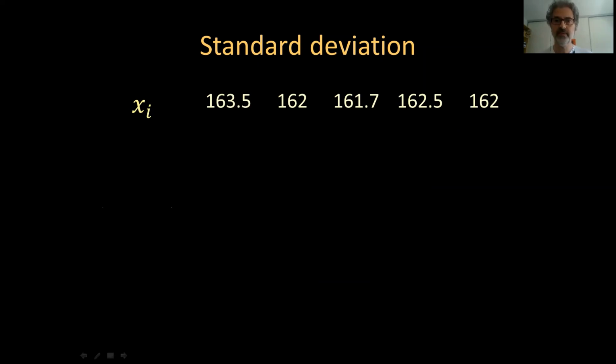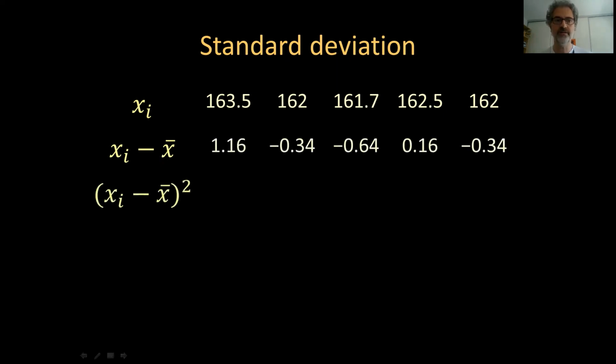The first step is to calculate the deviation. That is the distance from the mean. So from each of these measurements, we subtract the mean. And these are the differences. And then for each one of these differences, we multiply this by itself. This is what the square means.